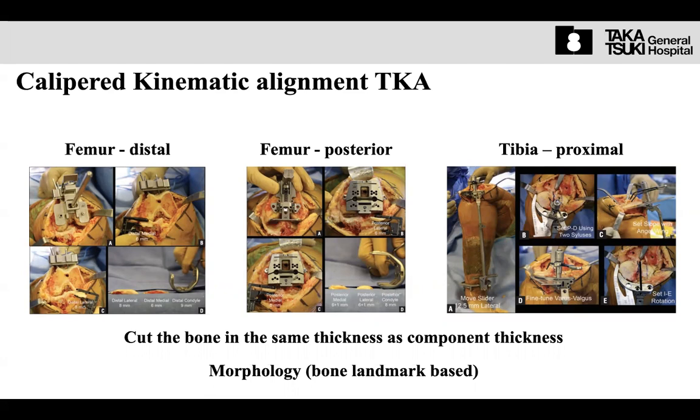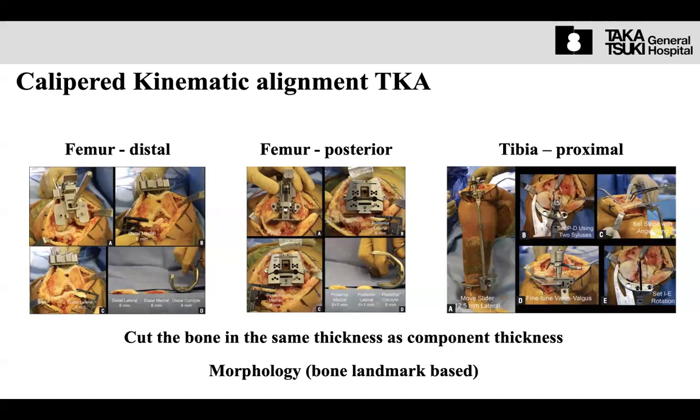But some patients already have cartilage wear on the medial or lateral side. For such patients, we should adjust the rotation, or we should put a metal plate equivalent to the cartilage thickness on the paddle on the posterior.